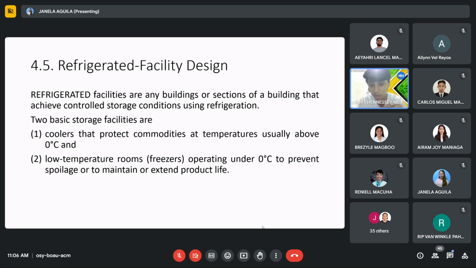Ang example po nito ay mga large-scale cold storage warehouses, produce distribution centers, pharmaceutical manufacturing facilities, supermarket walk-in coolers and freezers, and mobile refrigeration units. And yung two basic storage facilities po na nasasakop dito is coolers that protect commodities at temperature usually above 0 degrees Celsius, and low temperature rooms, freezers, operating under 0 degrees Celsius to prevent spoilage or to maintain or extend product life.